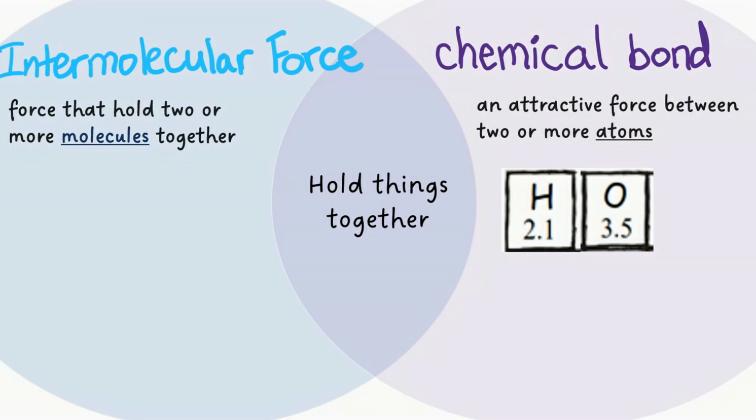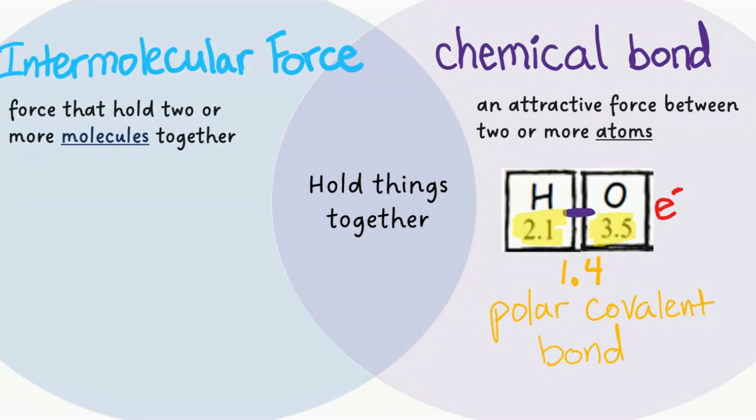In this example, we can see the difference in electronegativity between hydrogen and oxygen is about 1.4. So the chemical bond formed between them to make a molecule is a polar covalent bond, right? Since we see here that oxygen is more electronegative, that means that the oxygen atom is pulling more electrons towards itself than the hydrogen.